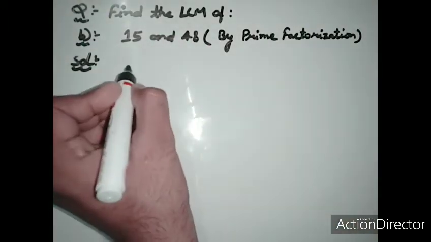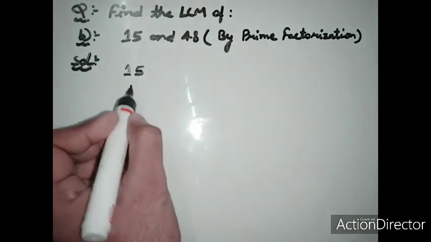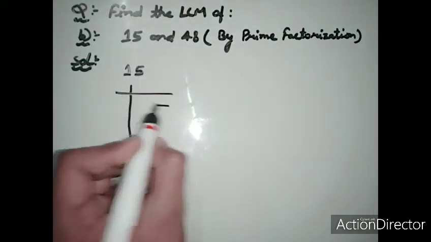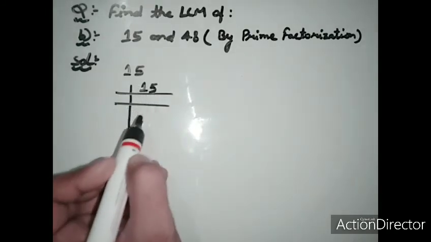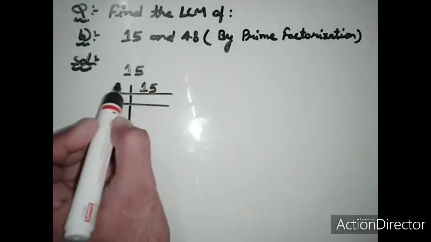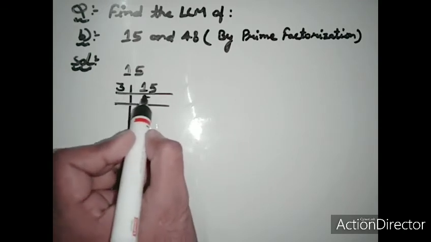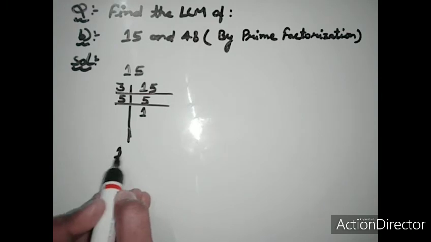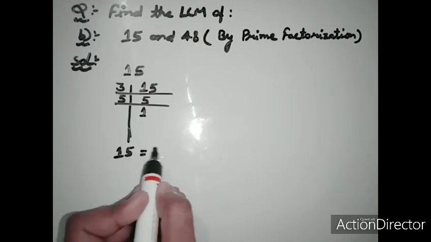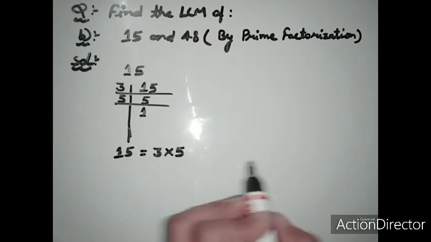First we start with 15. Now we find the factors of 15. 15 is not divisible by 2, so we check divisibility by 3, and 3 fives are 15 and 5 ones are 5. So the prime factors of 15 are 3 multiplied by 5.